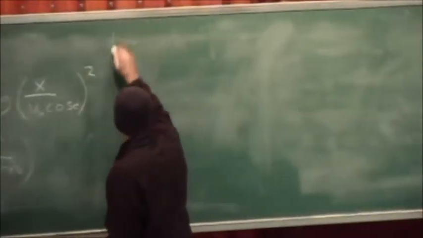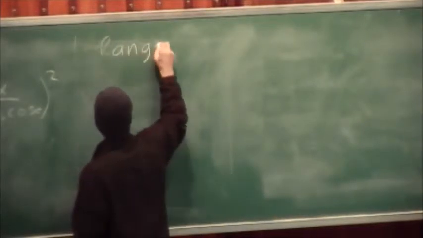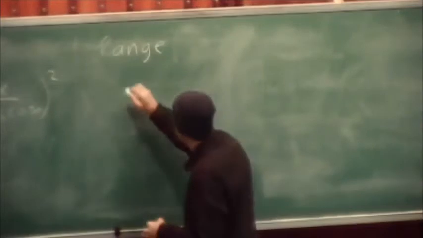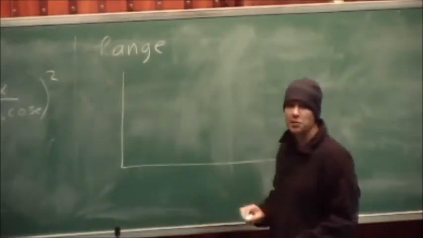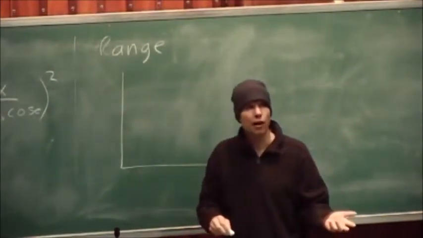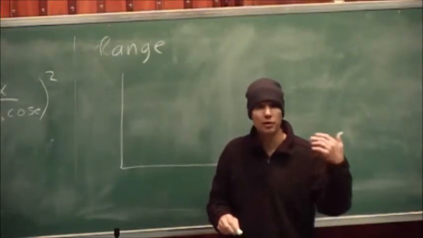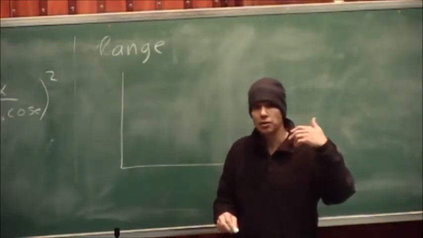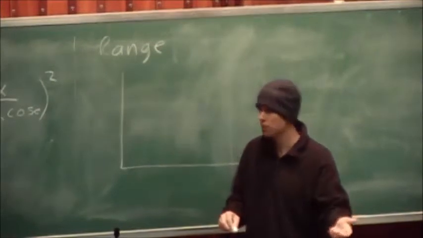So now let's do one last thing, which is finding the range. And then we're going to do some experiments. What the range is, is a very nice way of calculating how far something is going to go if you know its initial velocity and its angle of trajectory.